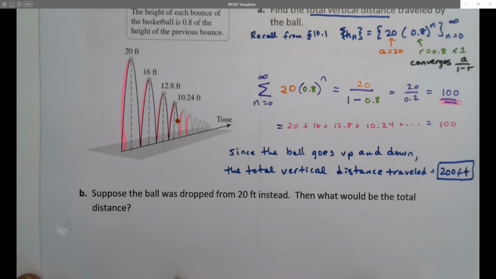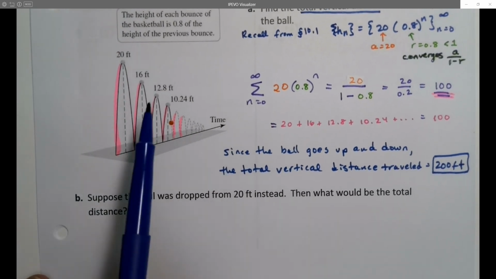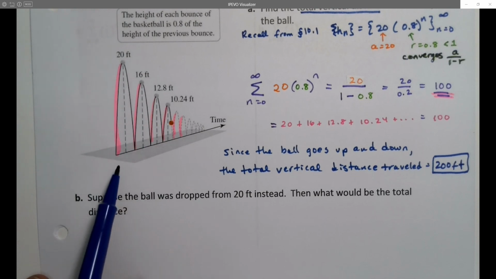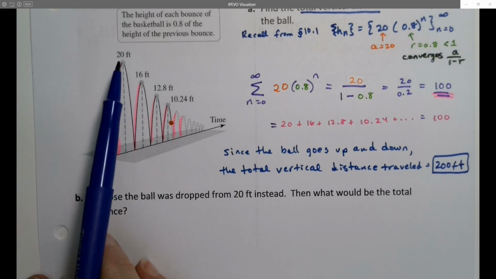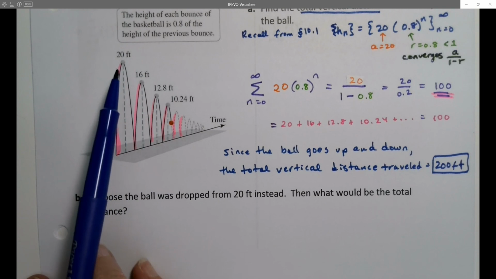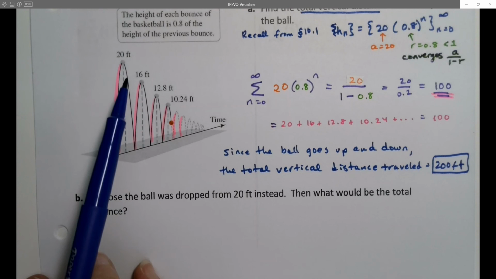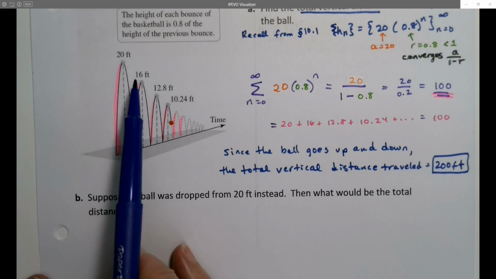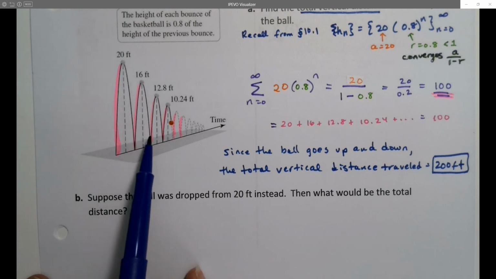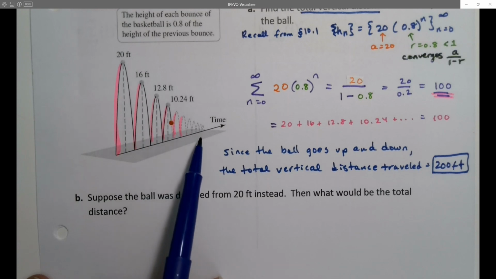All right, now, just for a little bit of a trick, suppose instead of saying it was thrown up from the floor, which is a little weird anyway, I mean, we don't often take a basketball from the floor all the way up, suppose it was dropped from the 20 feet instead. So in other words, it went down and then back up and then down and then up and down and so on.